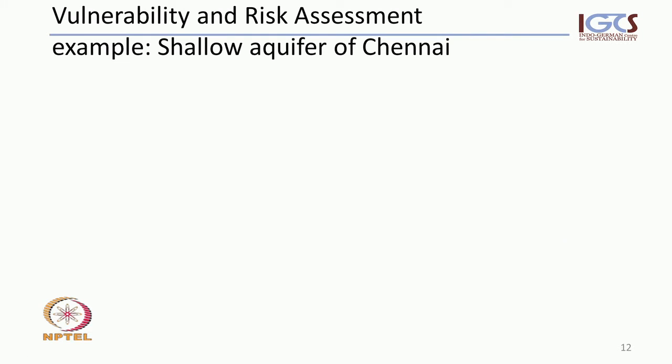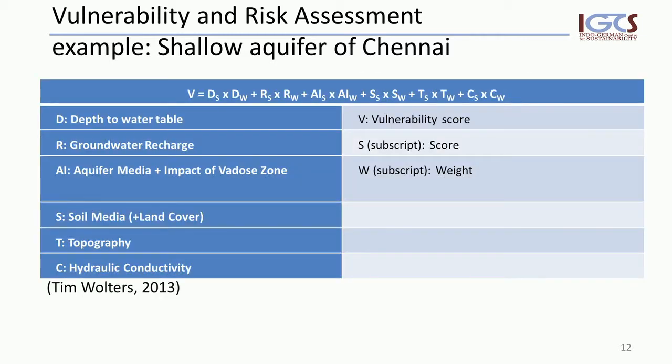Now let's move into an example of such a vulnerability and risk assessment. This is dealing with one of the aquifer systems of the city of Chennai in India, one of the shallow aquifers, and this was published in a study in 2013. This is showing us how vulnerability was determined. What are the input parameters to come up with a vulnerability score?